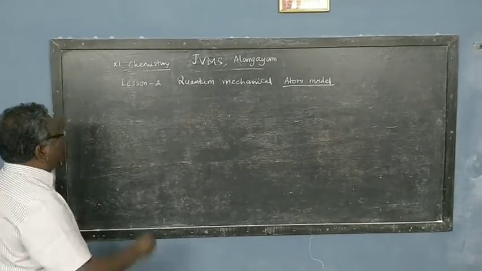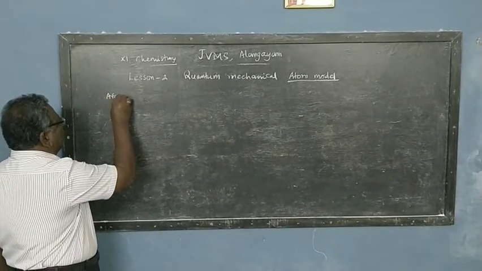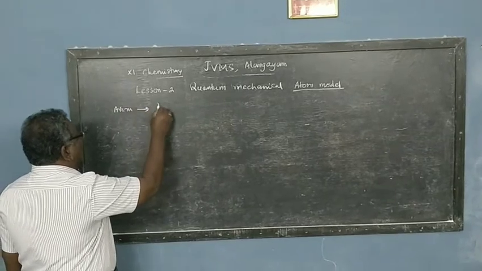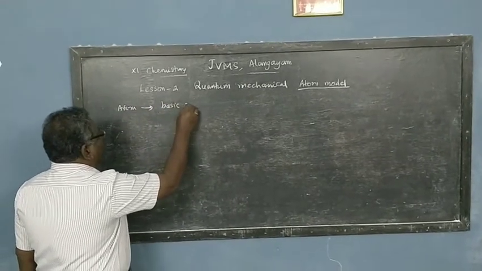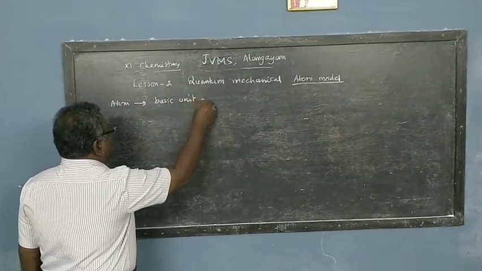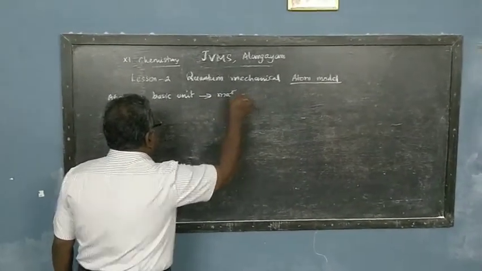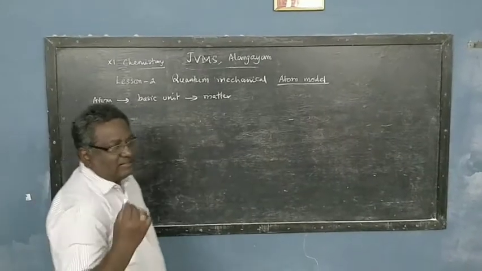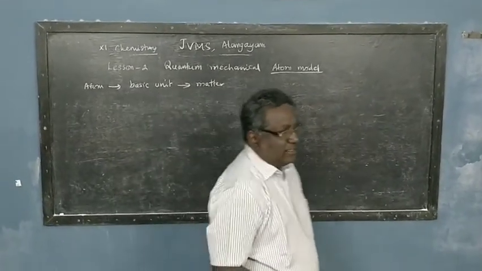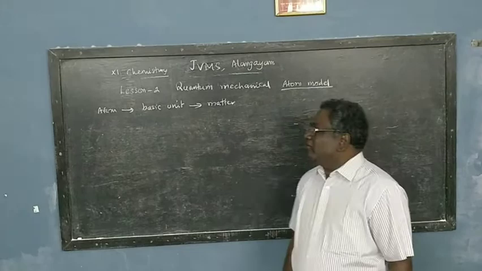Right? We know that atom is the basic unit of all the matters. Right? Whatever substance that you touch in this world is containing atoms. So எங்க தொட்டாலும் என்னதான் தொடுவோம்? Atom தான் தொடுவோம்.